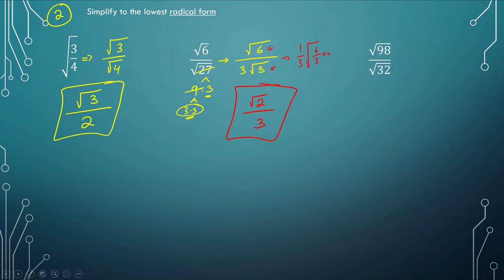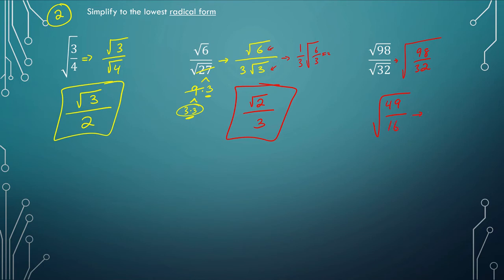And same for this last one here. We can do it one of two ways. We can keep it as is, or we can rewrite it as 98 over 32, and then we can simplify here. The biggest number that goes into both of these, well, we can start off safe and say 2, right? So 2 goes into 98 49 times, and 2 goes into 32 16 times.